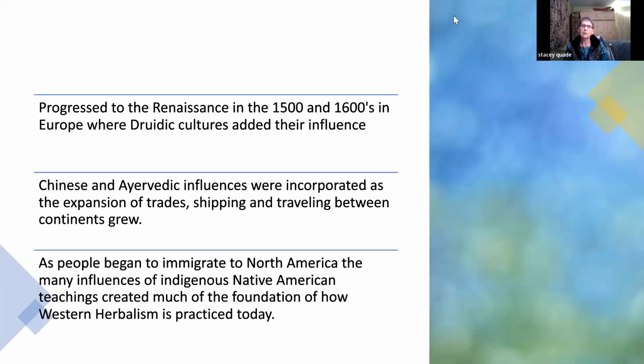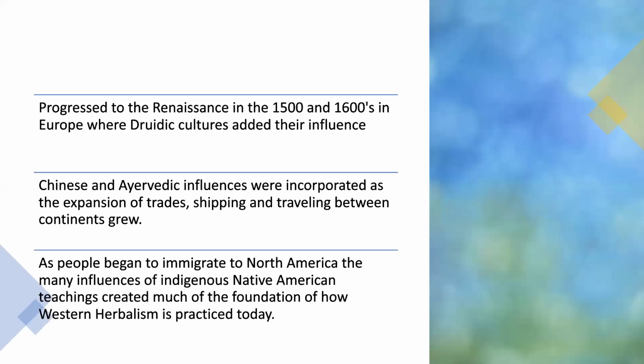In the 1500s and 1600s, in old world Europe, in Scotland and Ireland and England, there was more influence from the Druidic cultures. We see a blending of those kinds of plant medicines with the traditions that came down through the Greek and Roman pathways.